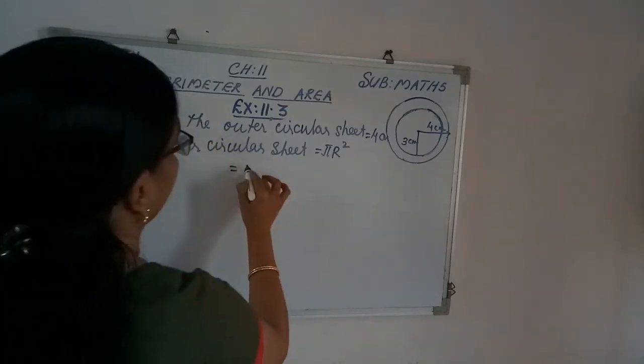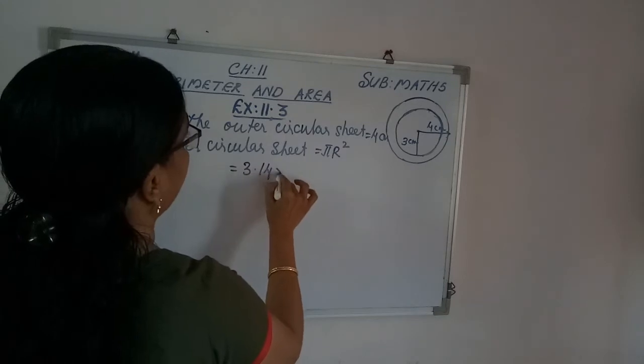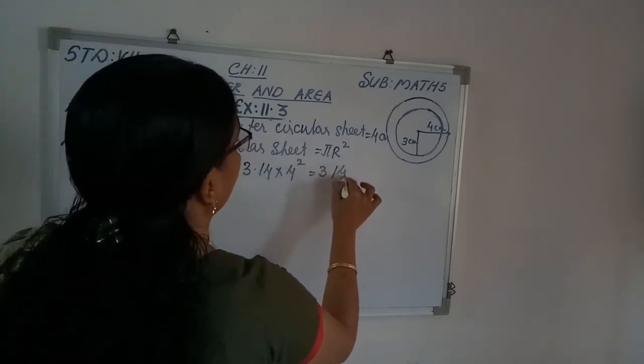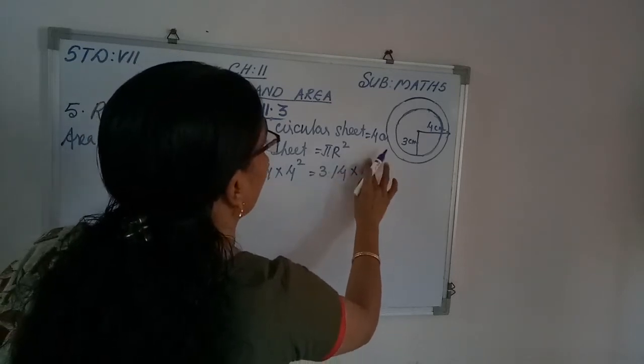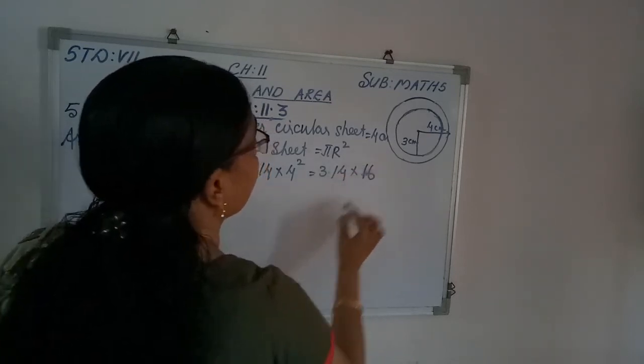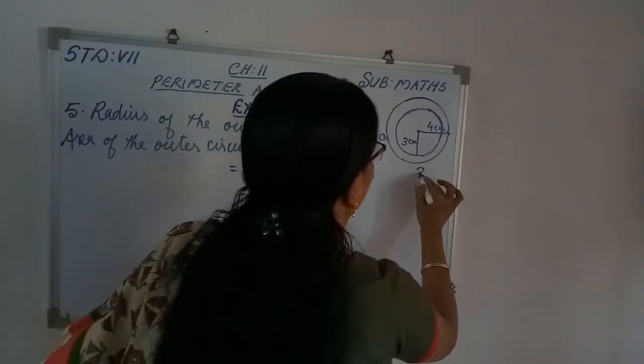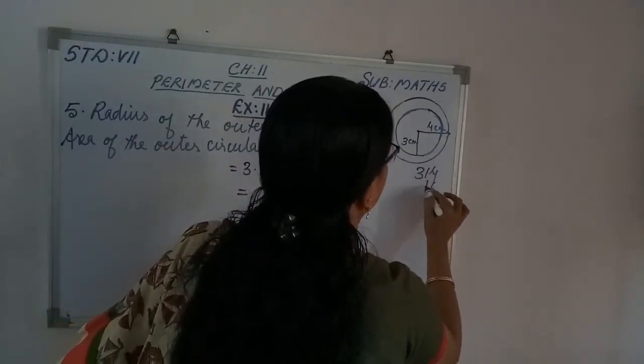So 3.14 multiplied by R square, 4 square, that's equal to 3.14 multiplied by 4 into 4, which is 16. 4 square is equal to 16. Multiply 3.14 with 16.